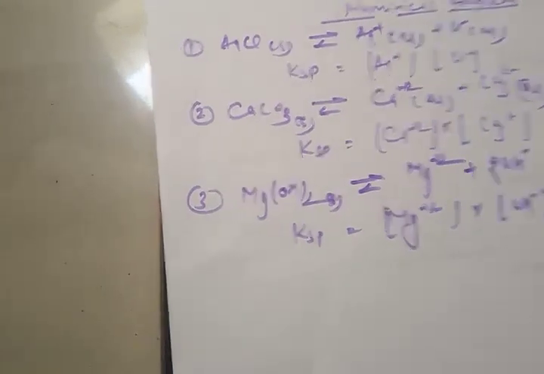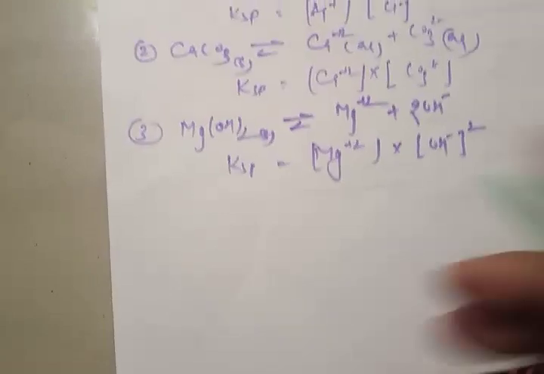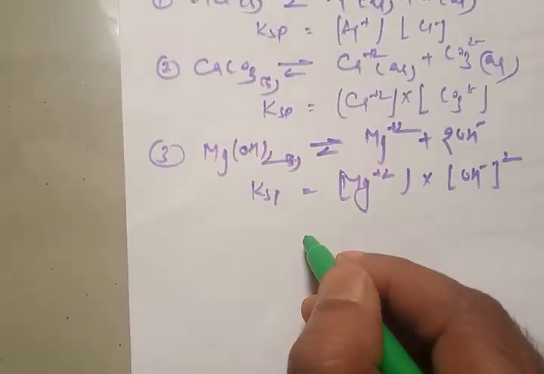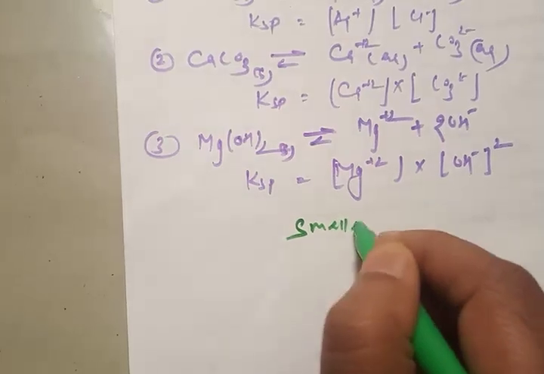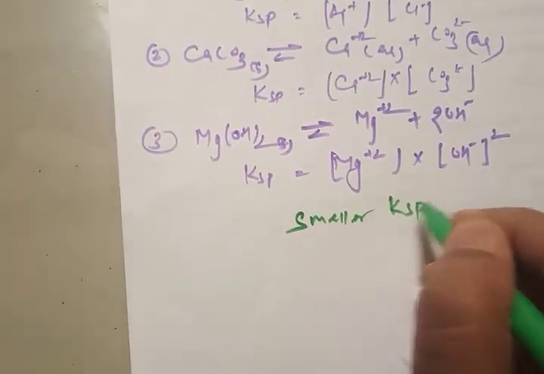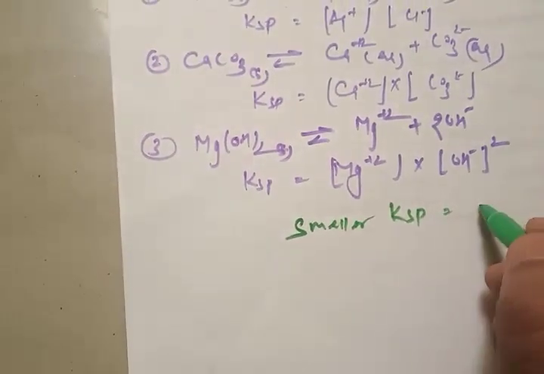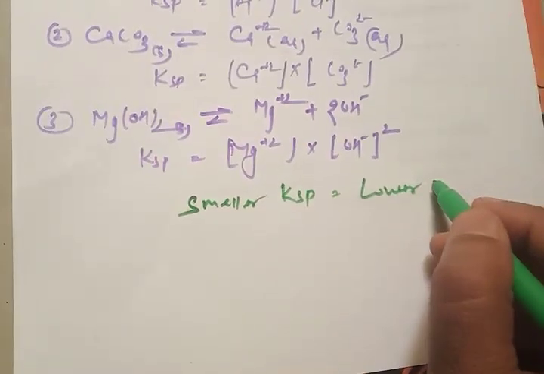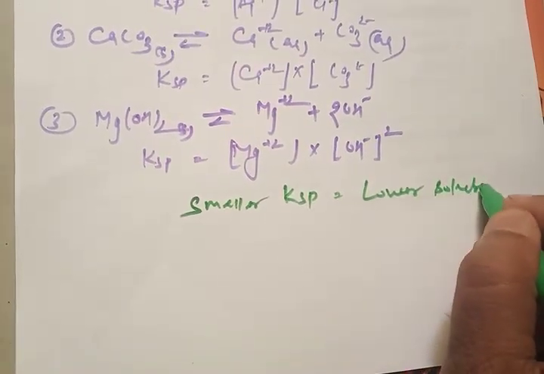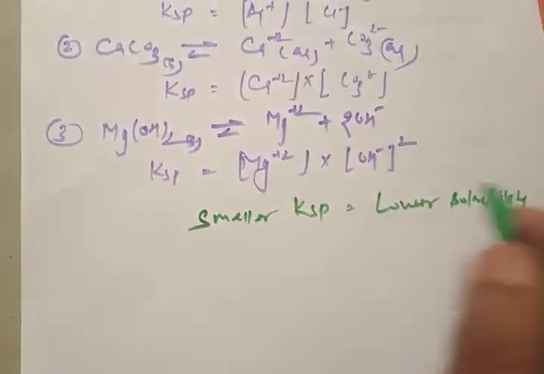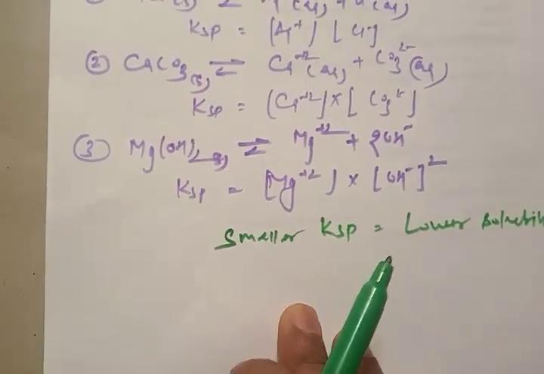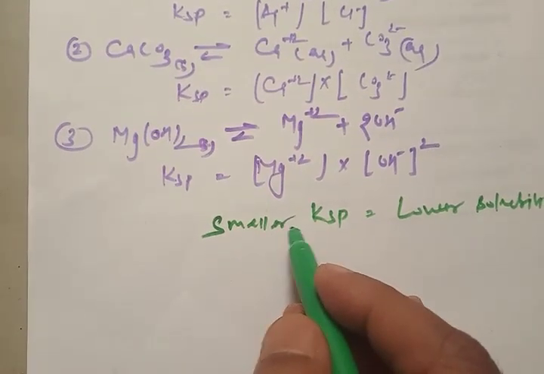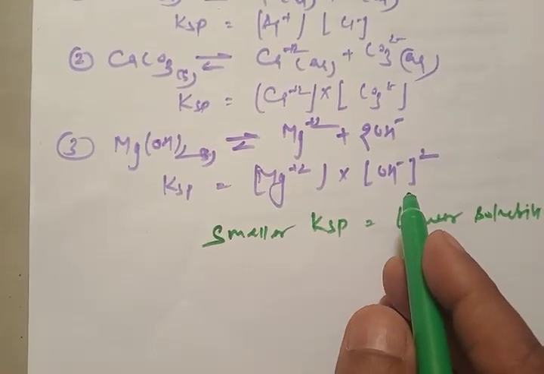If you have a smaller Ksp value, it means it has a lower solubility. It means the salt will be less soluble. So you can find out the extent of solubility. If the Ksp is higher, the solubility will be higher.